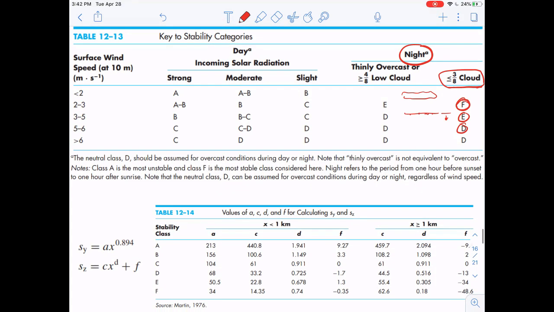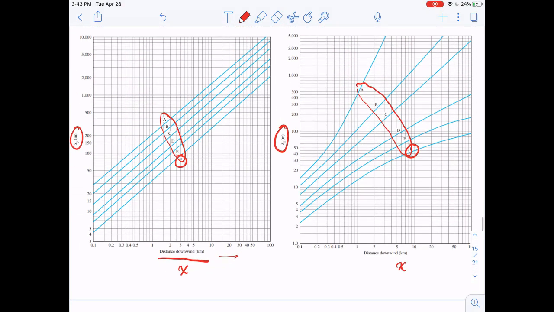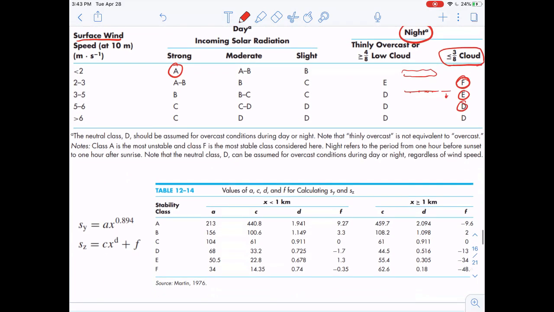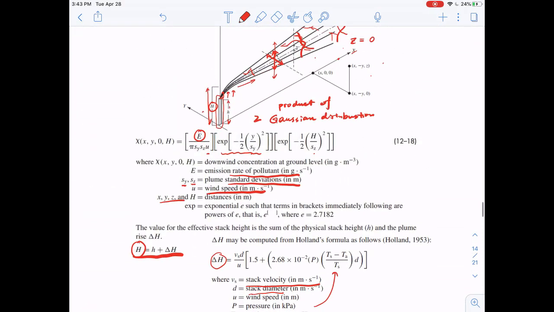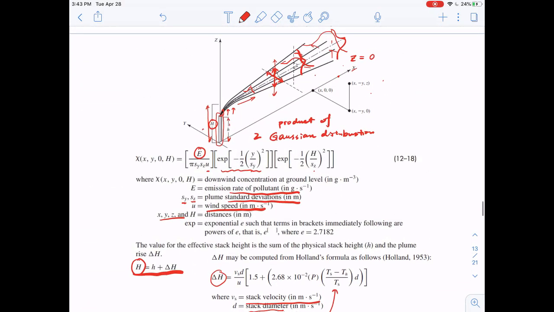But during the daytime, when there's very weak surface wind, okay, that means the pollutant can get more easily dissipated, and then that's going to correspond to the A condition, where the standard deviation of the plume will be larger, okay? So let's say we want to calculate the pollutant concentration at any location.